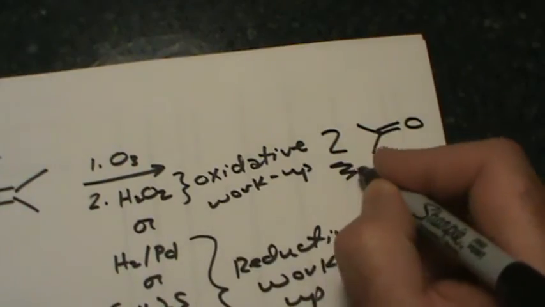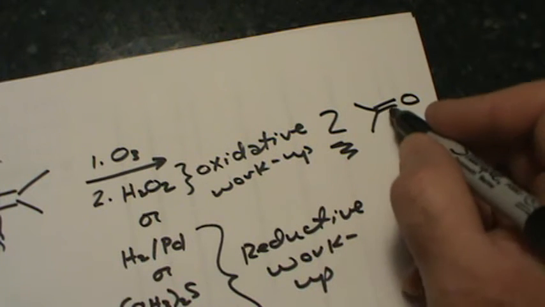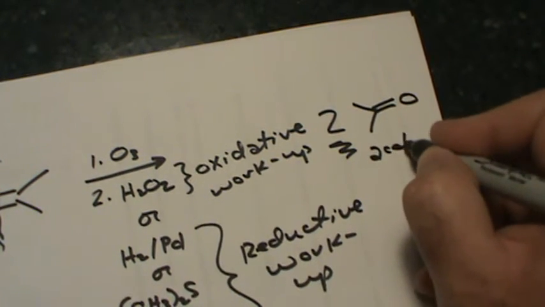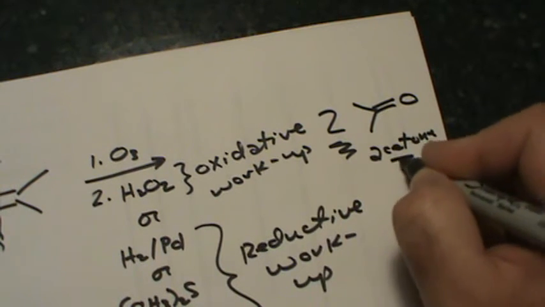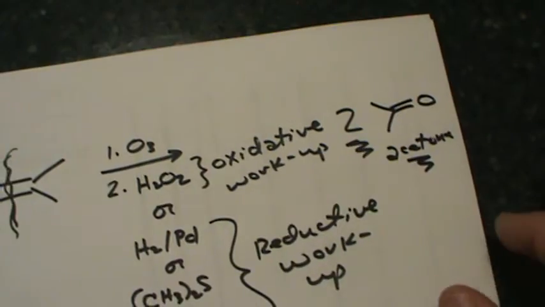We've got 2 here because both halves are identical to each other, and so they both give rise to this very simple ketone structure, which in this case is acetone. You may have used acetone in the lab. Let's try a different one.